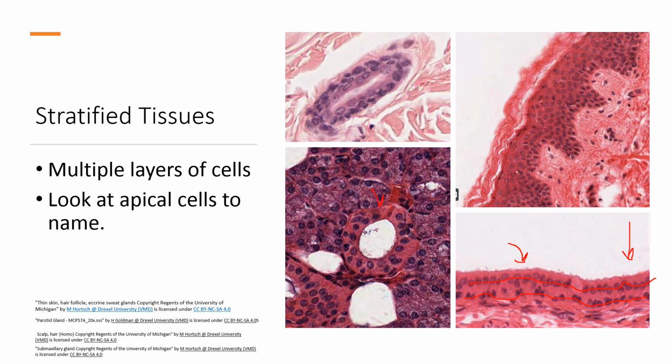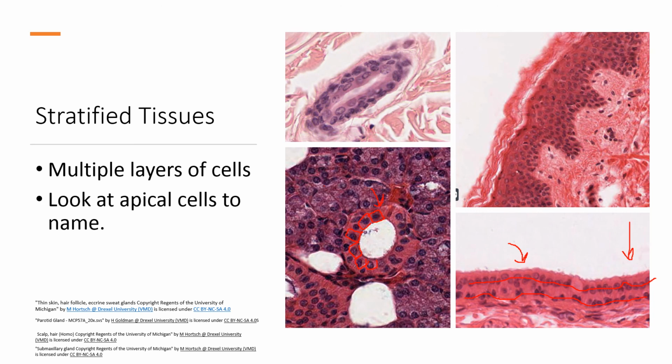This is a stratified cuboidal epithelium. So these are the cuboidal cells here on the apical surface. Remember, the apical surface is the one that faces the lumen of a tubule, or on a flat tissue, it's the one that doesn't have more cells on top of it.